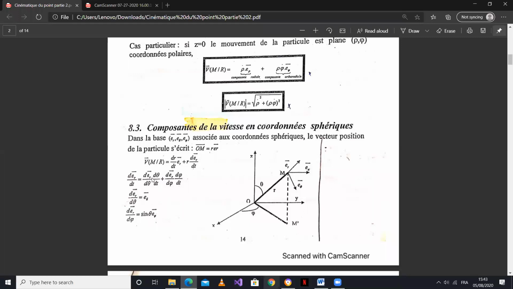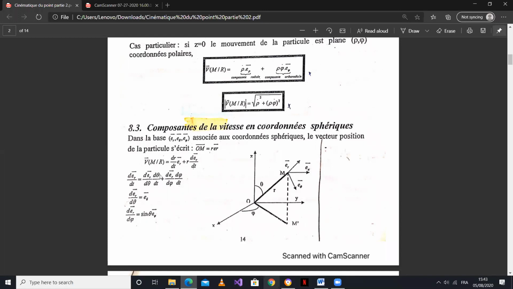So we'll have d de R par rapport à d theta, multiplied by d theta sur dt, so that we do not change the nature of the expression, plus d de R par rapport à d phi multiplied by d phi sur dt.